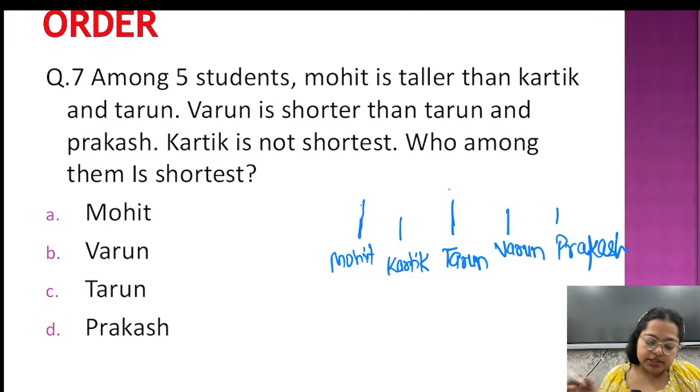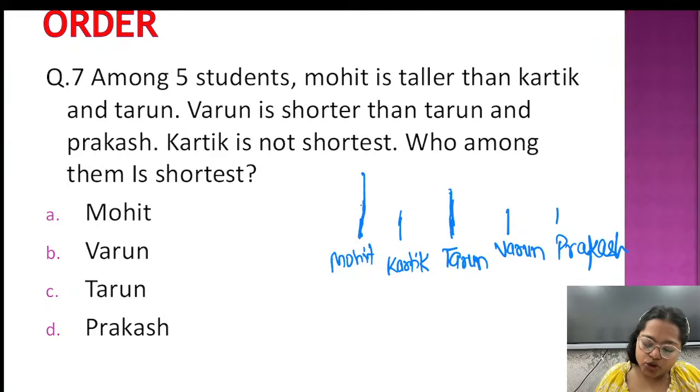Now the question says, we start from starting. Mohit is taller than Karthik and Tarun. Varun is shorter than Tarun, so now we make him a little taller than Tarun and Prakash.